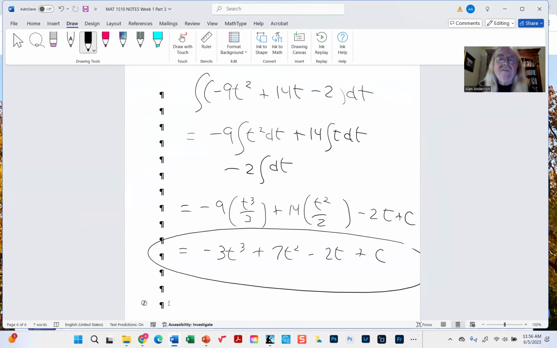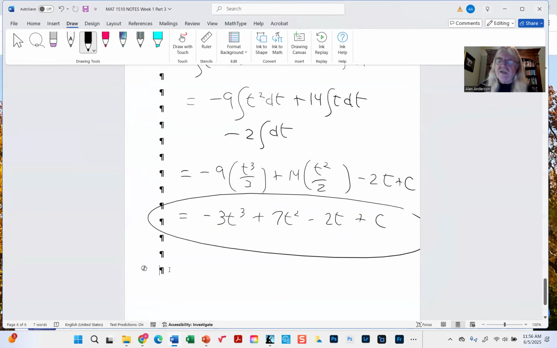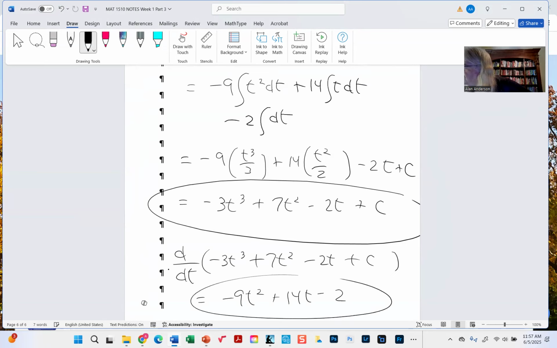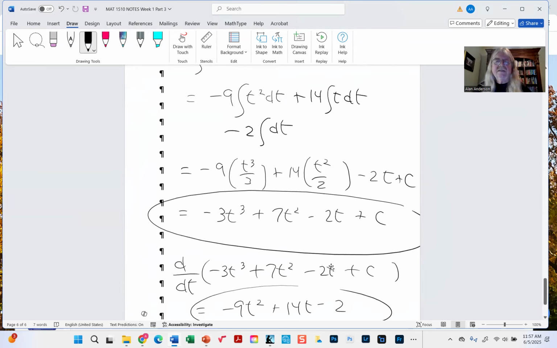And again, if we feel so inclined, we can double check by differentiating it with respect to t. And that's where we started at. Okay. No problems there. Okay, very good.